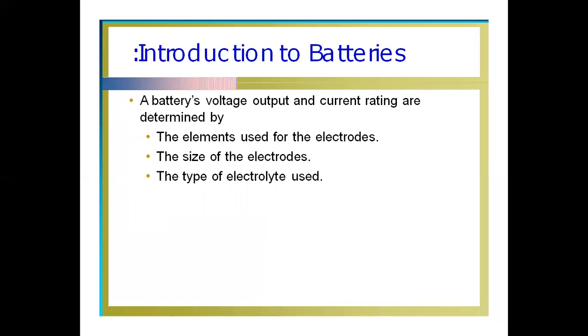That defines the rating of the battery, meaning how much the output voltage is and how much the current capacity is. So that will be determined by these three factors: the first is the elements used for the metal electrodes, then the size of the electrodes, and the type of electrolytic solution.